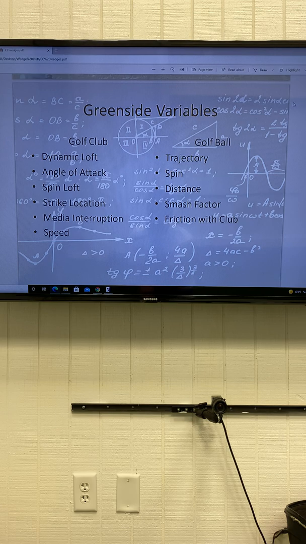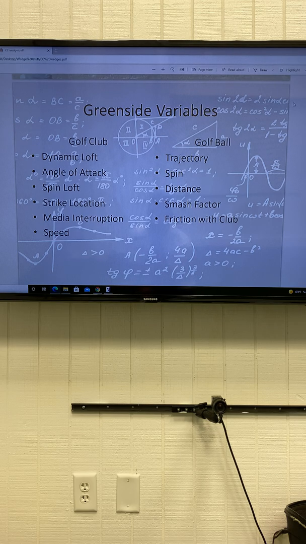inconsistent. Okay, so when we look at the golf club pieces, the spin loft and the speed are the two things that we are not getting into good relationships to control the distance we want.